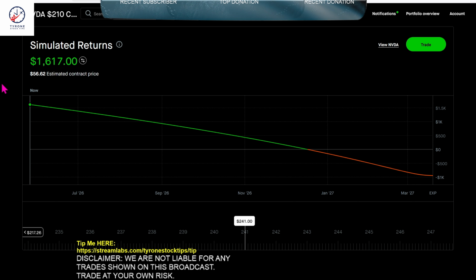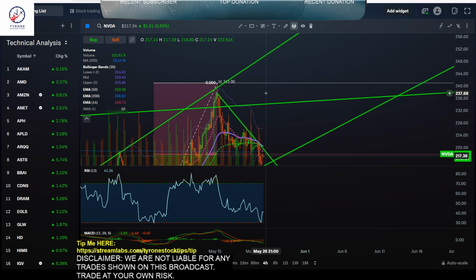That's $1,600. But if it goes beyond that, let's just say, where is it? You have what you call Wall Street's price that they have on Nvidia. Let's see what Wall Street has on Nvidia. Wall Street is projecting $295. Now that could happen at any time, but I'm just saying. So it has so much room.